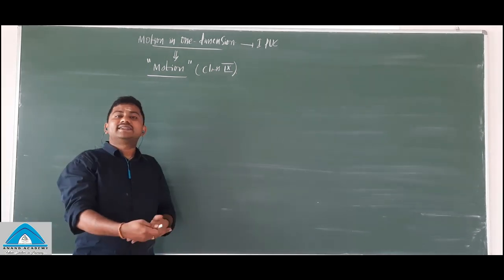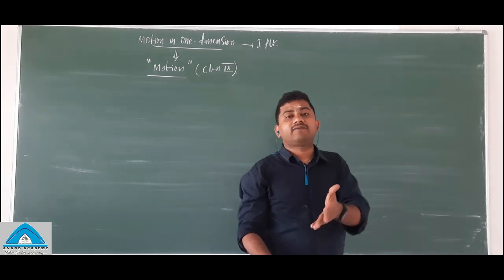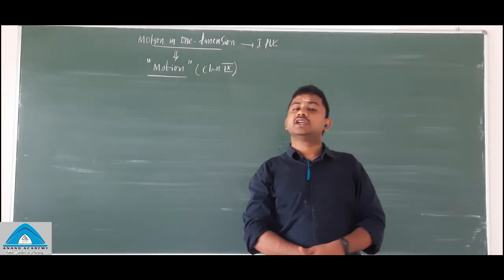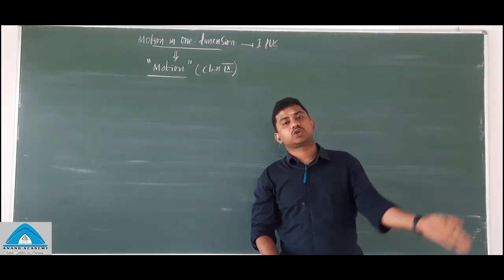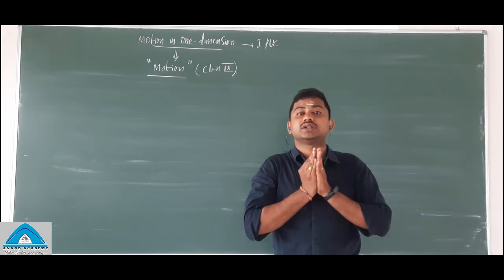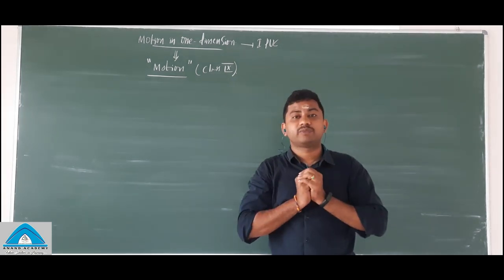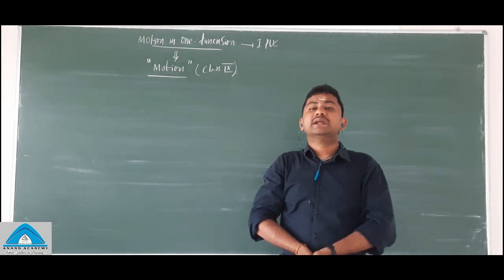Like distance, displacement, speed, velocity, average speed, average velocity, uniform motion, uniform acceleration, non-uniform motion, non-uniform acceleration, equations of motion, graphical representation of motion, right? And the numericals are exactly similar, right?